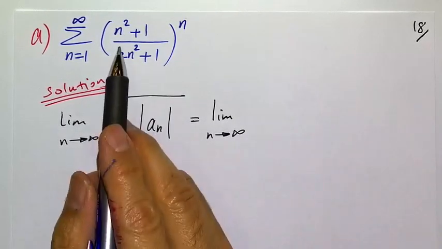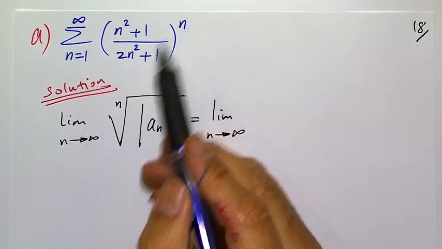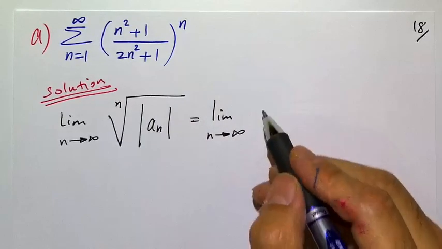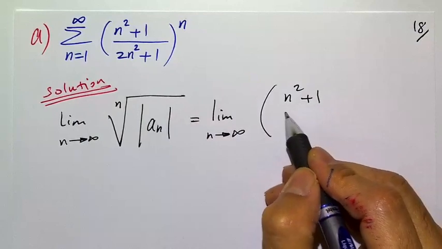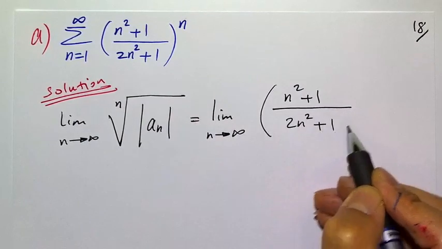When you do that, the nth root and that power cancel each other out, and so we have n squared, whatever is left inside the parentheses, over 2n squared plus 1.